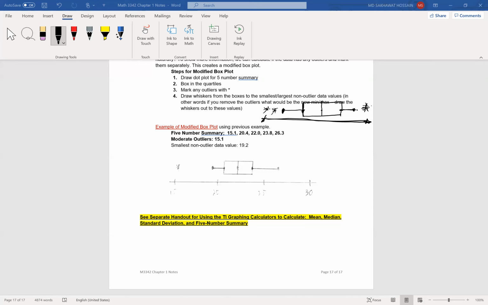You can use this formula: the probability of V intersection M complement equals the probability of V minus the probability of V intersection M. So the probability of V is 0.6 and the intersection is 0.3, so it will be 0.3.